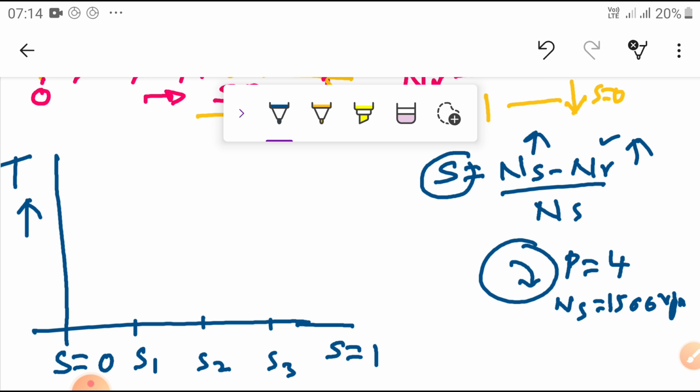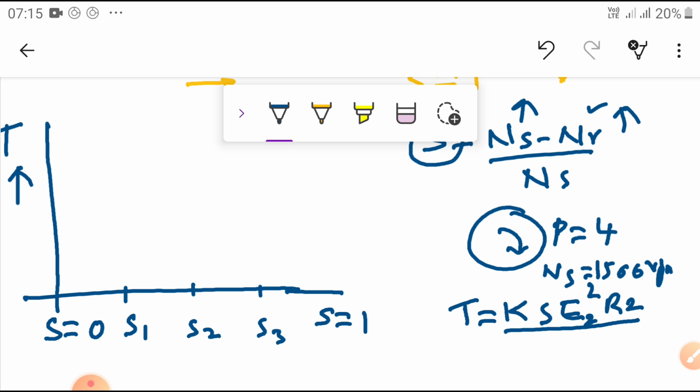Because we have already seen the torque equation: T equals K into (S E2) whole square into R2, divided by Z square, where Z square is R2 whole square plus (S X2) whole square.